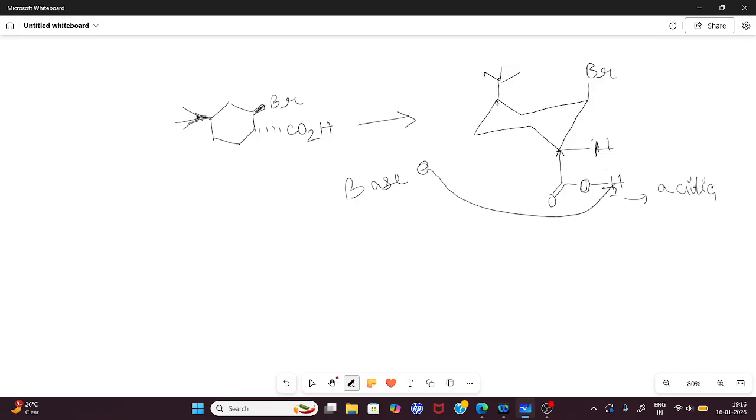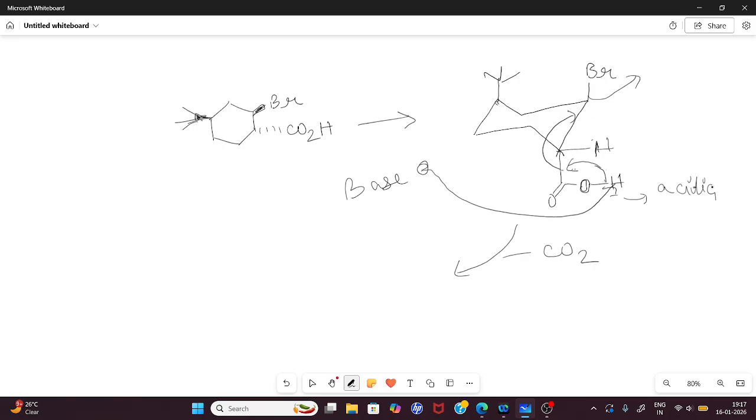So this proton gets abstracted, you get a CO2 minus group, this bond shifts here, this bond shifts here, and this bromine gets knocked out. The byproduct here is carbon dioxide.